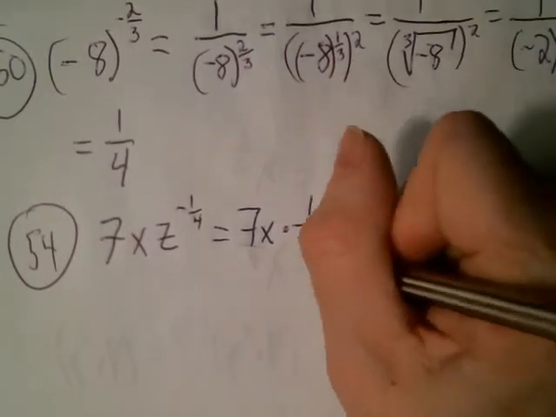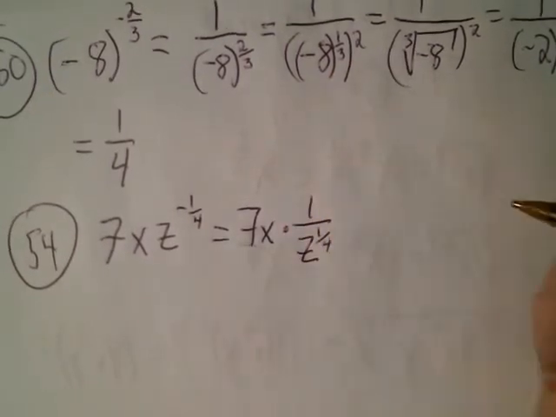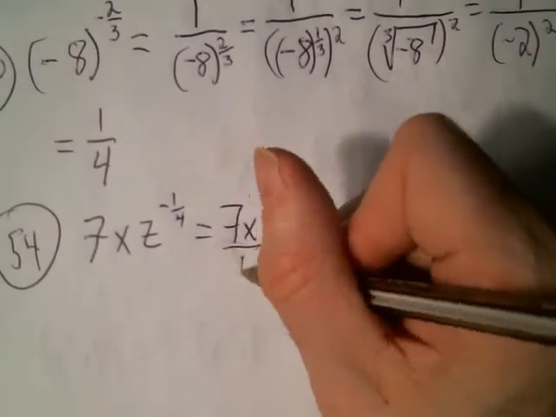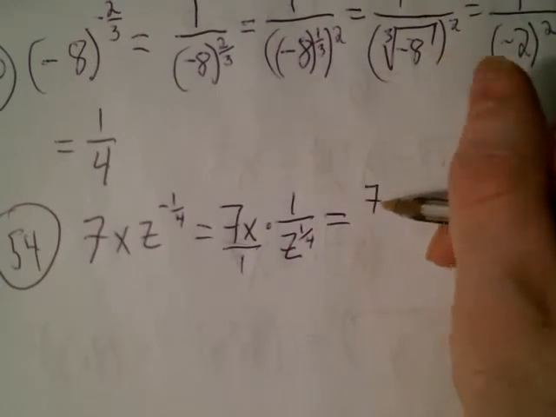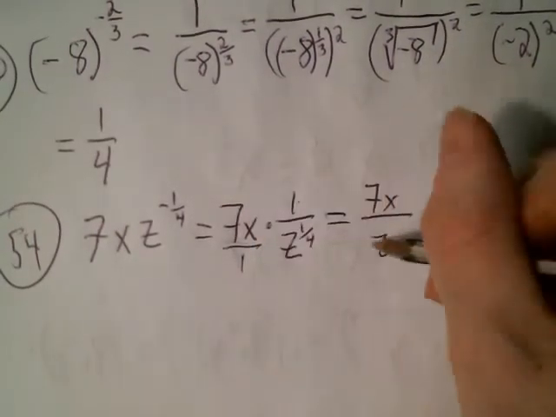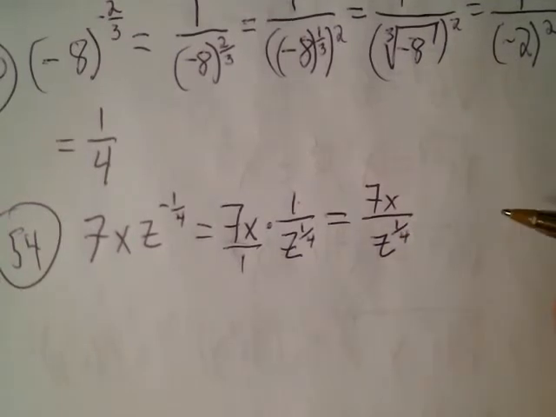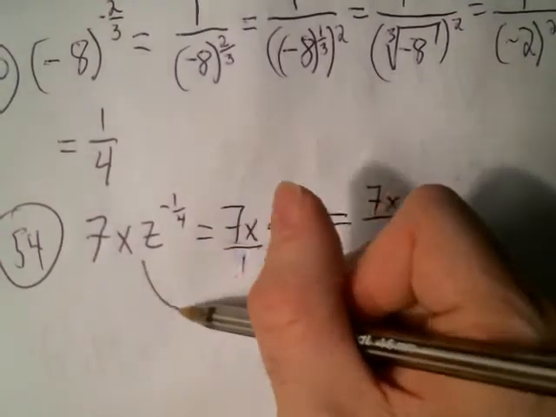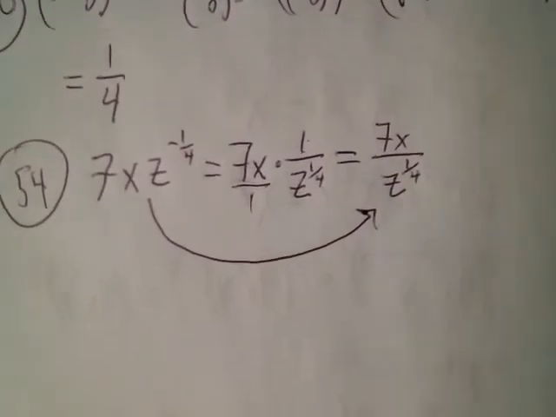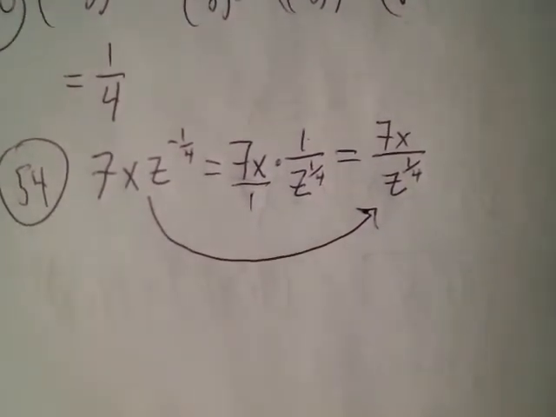It's kind of a reminder of how things are working. And then multiply it out. So 7x is still the same as 7x over 1, and you get 7x times 1 is 7x all over 1 times z to the 1/4. Okay. Generally, I just like to go from here to here, but it's up to you.